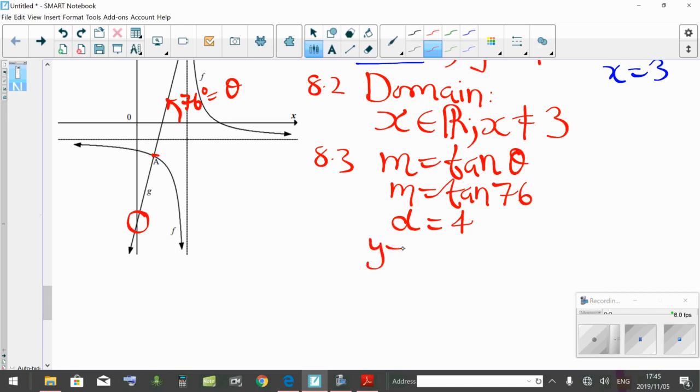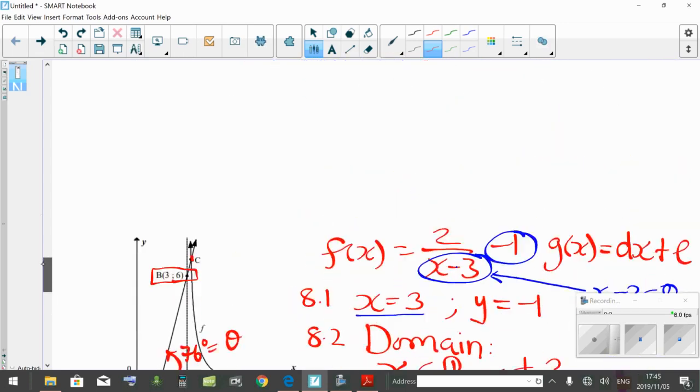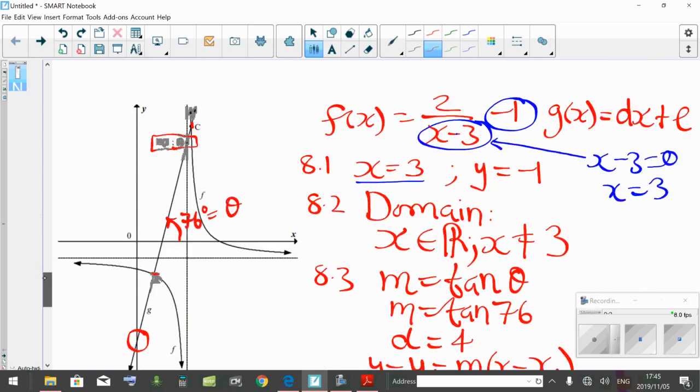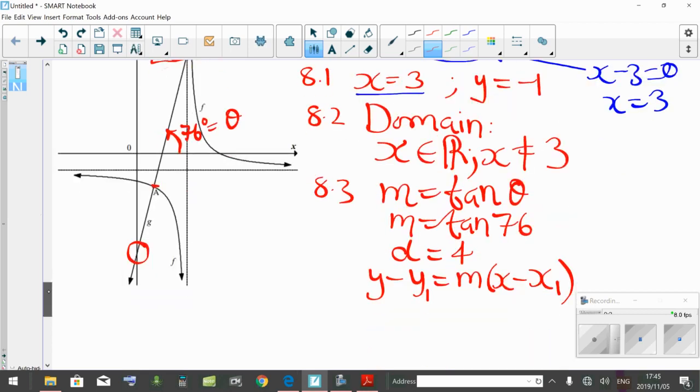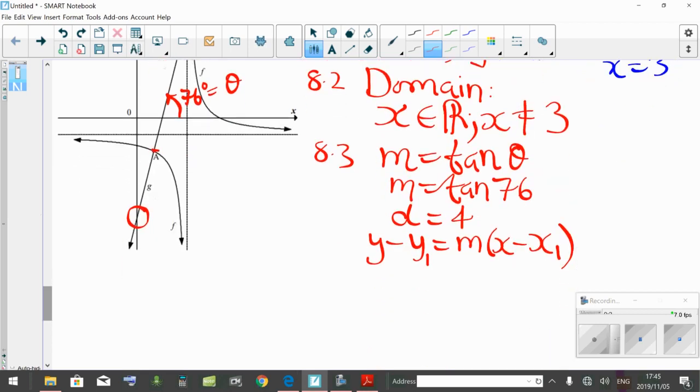And allow me to use this format. My y1 and my x1 are this point B that you see. The 3 is going to be my x1, and the 6 will be my y1. I'm going to substitute now here.